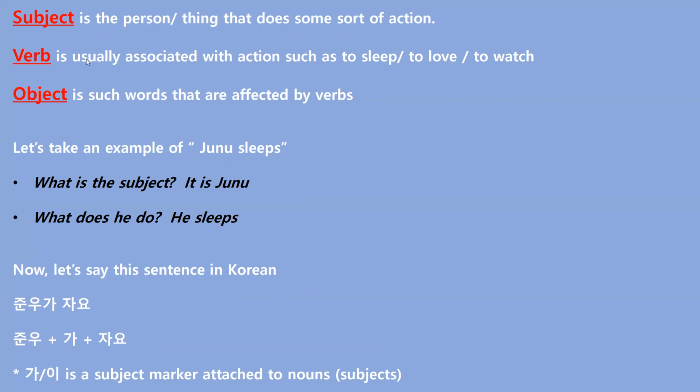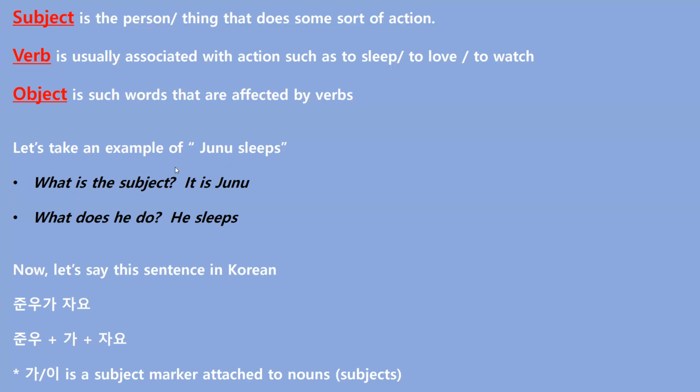So the verbs do, to sleep, to love, to what else? To learn, right? These words are called verbs. Verbs are also important because they convey our thoughts. And object. An object is a word that is affected by verbs. For example, I listen to music. Music is called the object of the sentence, right?